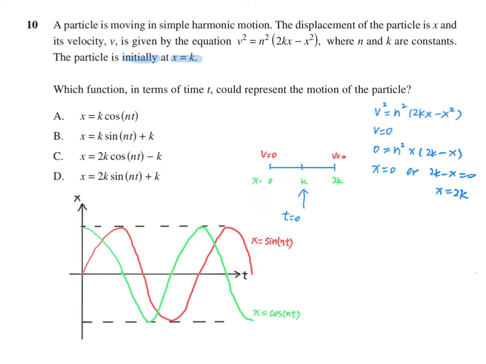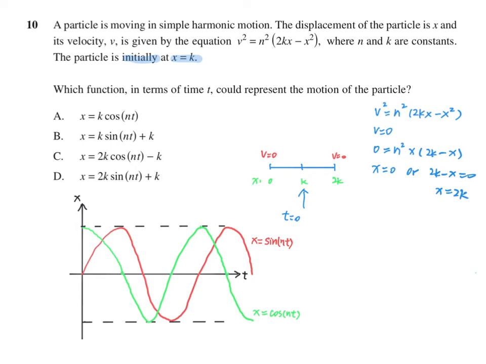Now, this particle starts from the center when t equal to 0. It must be a sine oscillation, starting from the center to one far end, coming back to the center, going to the other end, coming back to the center, instead of starting from one far end. This is the cosine.